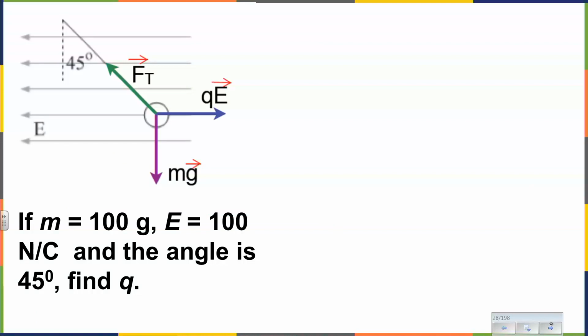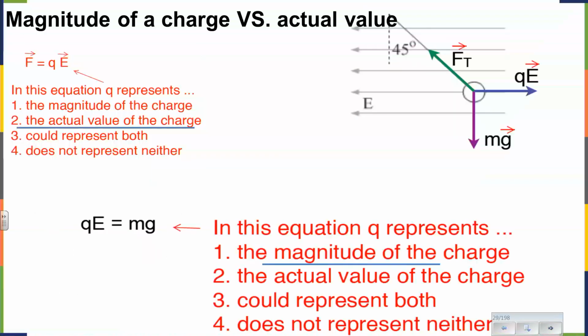And if we want to solve this, what do we know? We know E, strength. I didn't mention the unit actually: force over charge, Newton over Coulomb. And we know the angle. I think I have it solved. So yeah, in this equation, Q represents the magnitude.